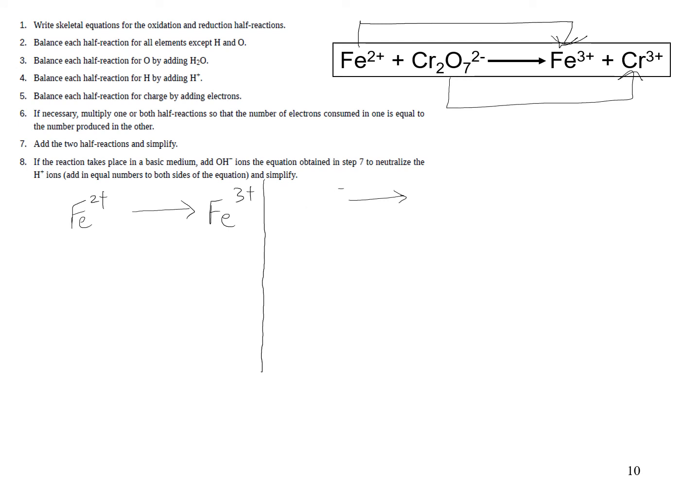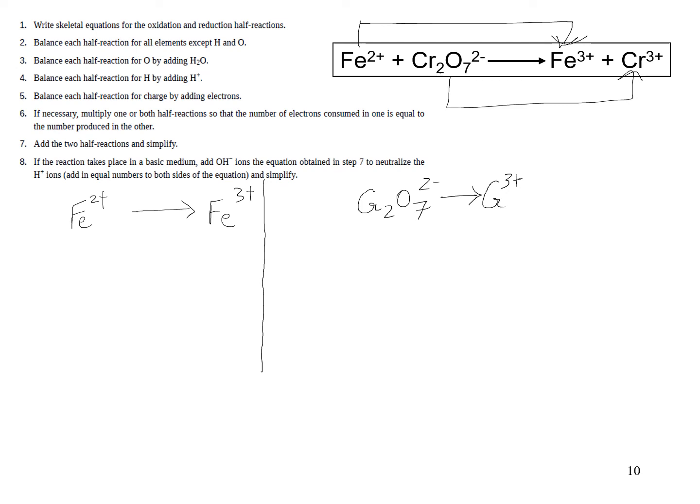Let me rewrite this. Cr2O7 2 minus is changing to Cr3 plus. So that is my second half of the reaction. So the first step is to write the skeletal equation for the oxidation and reduction half reactions, which is this. Now you can either identify what is oxidizing and what is reducing, or you can just leave it like that. We can identify it later on.